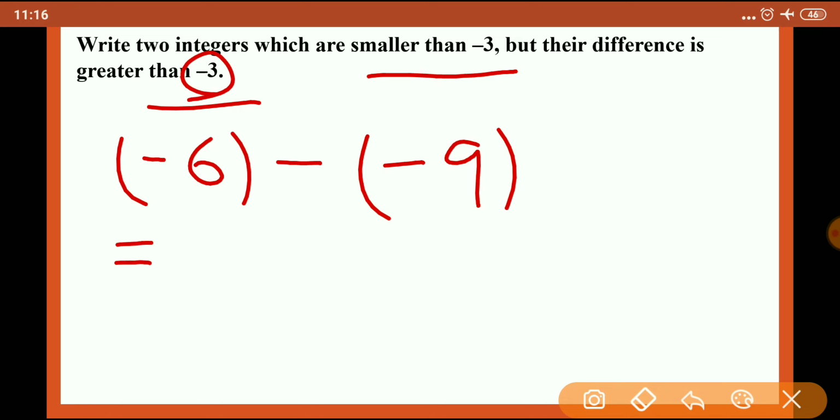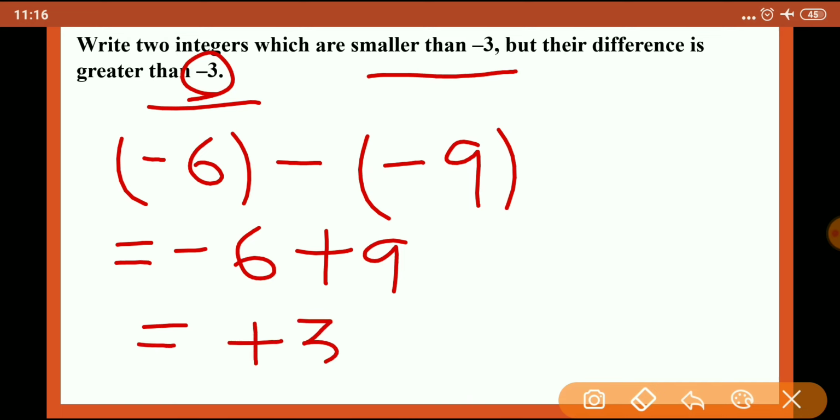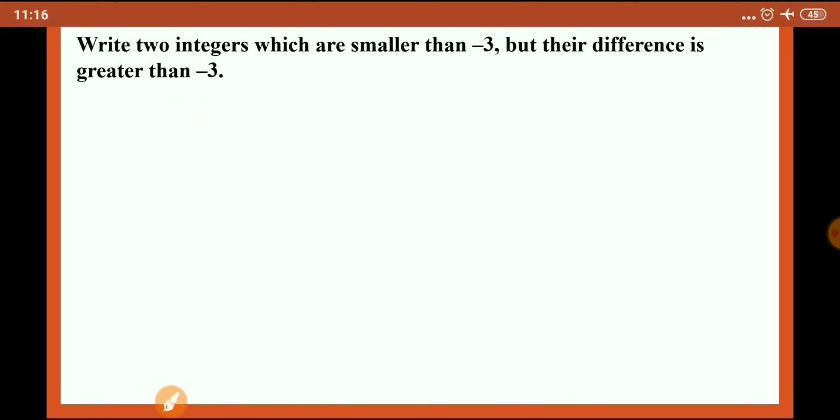So minus 6 minus minus 9: minus minus becomes plus, so you get plus 3. Plus 3 is greater than minus 3. So this is how you have to solve this question. Very simple again.